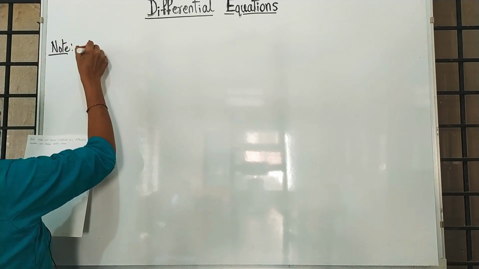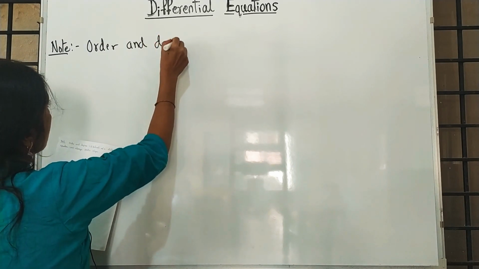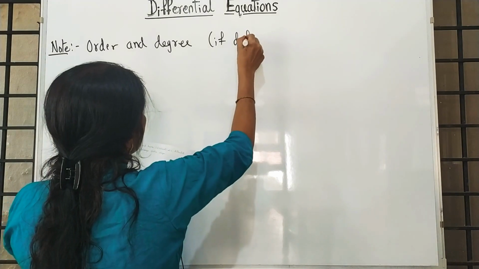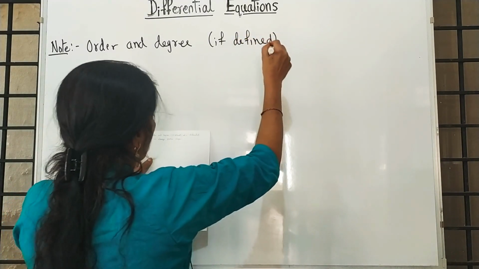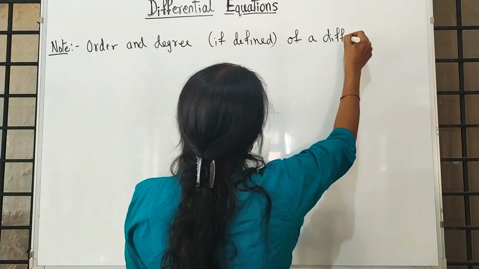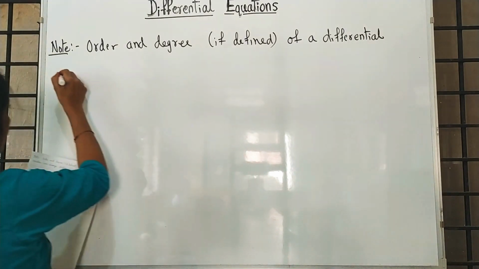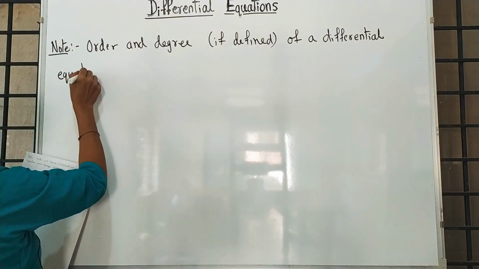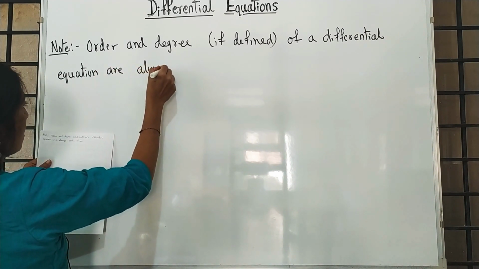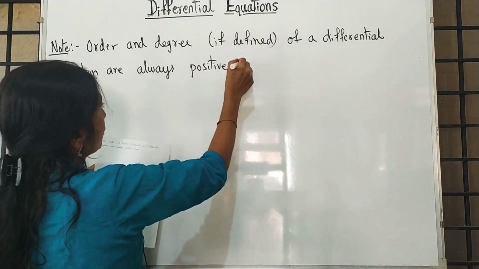Note, order and degree, if defined, of a differential equation are always positive integers.